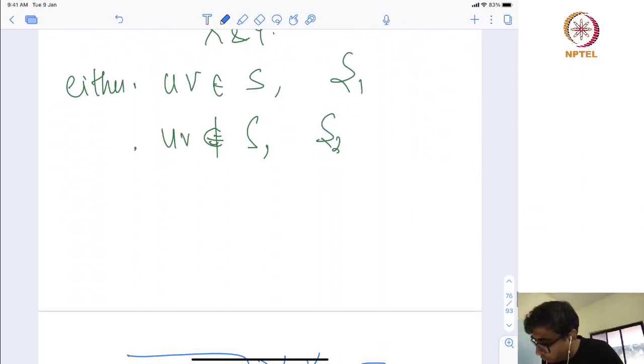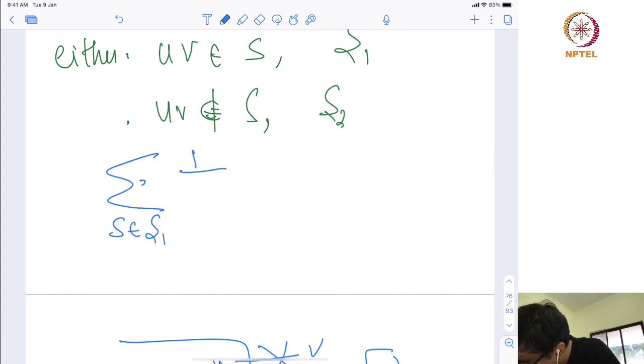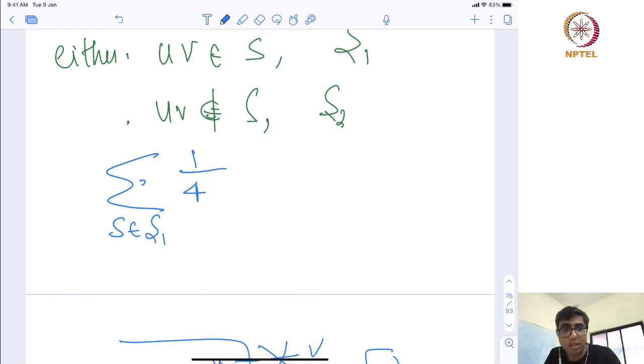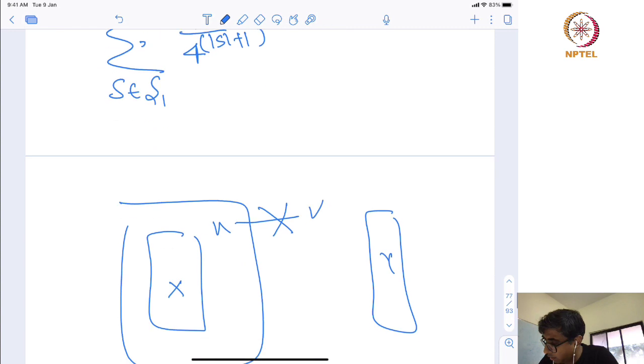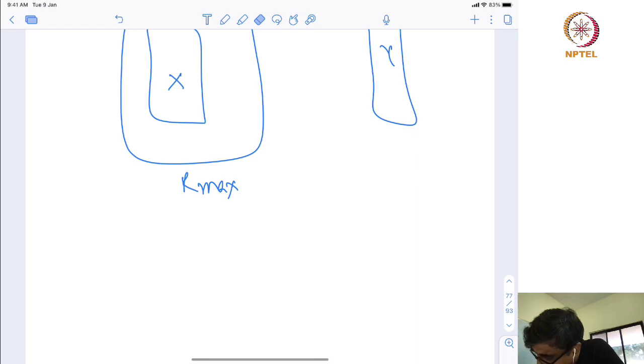So what do we need to bound then? We need to bound the sum over S belonging to S1 of 1 by 4 to the power |S| plus 1. This is what we have to do. Now notice what happens to our sum; this is a sum we have to upper bound, okay?